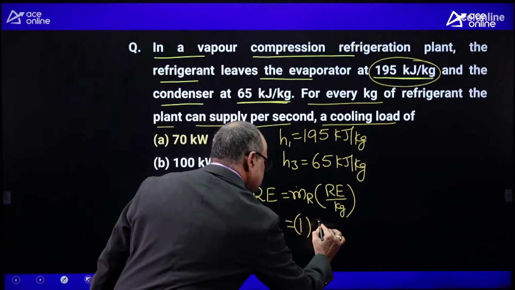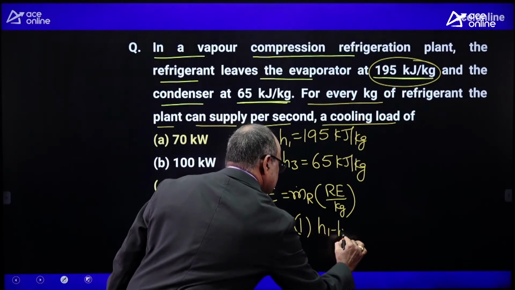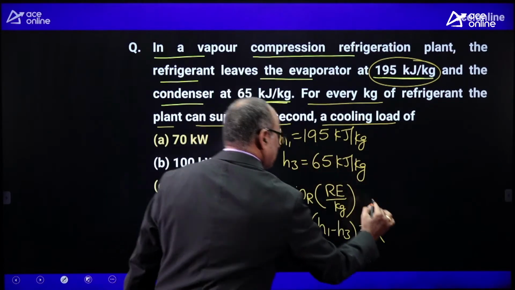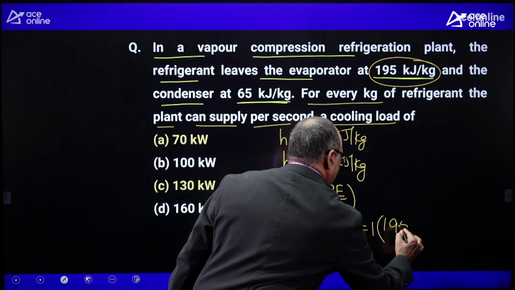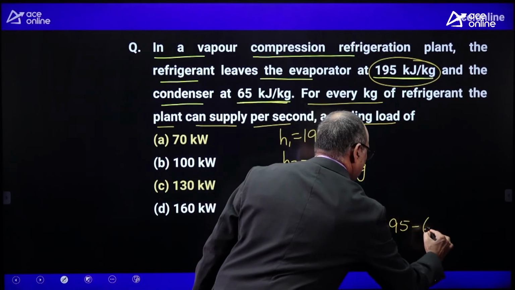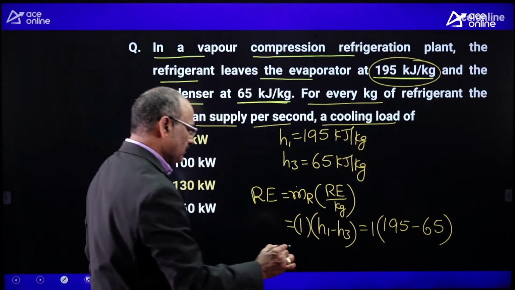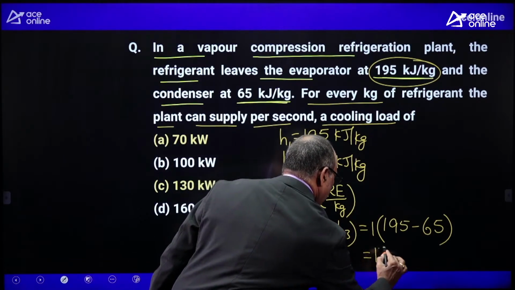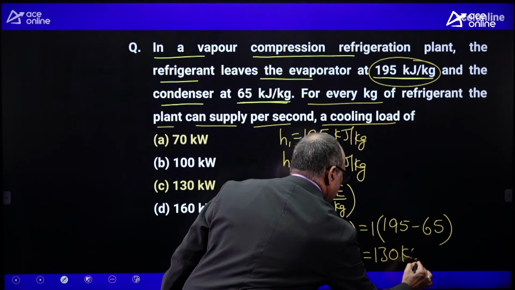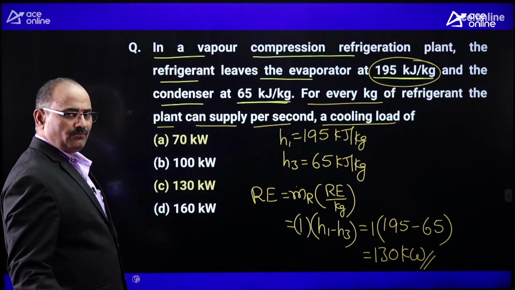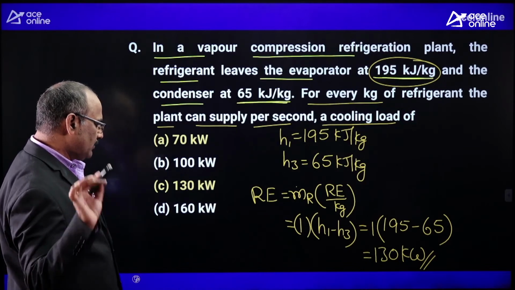It is equal to 1 multiplied by 195 minus 65. You simplify this value. 195 minus 65 is equal to 130 kilowatts. That is the cooling load for this particular refrigeration unit.